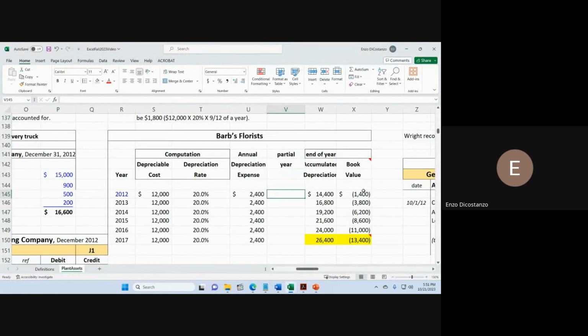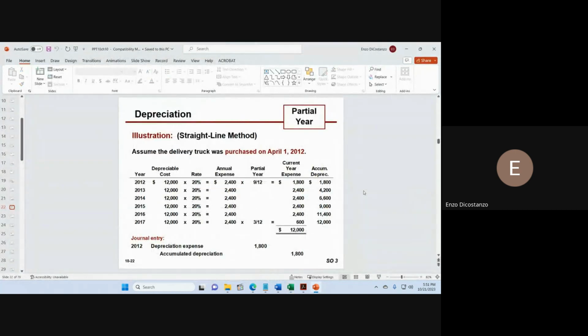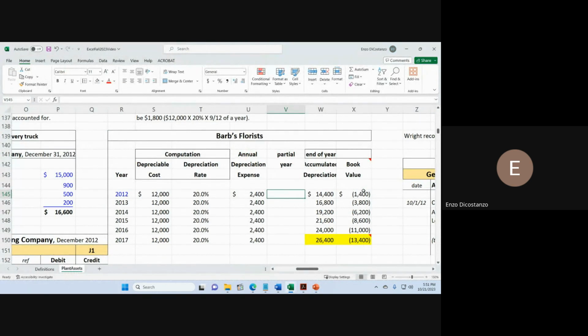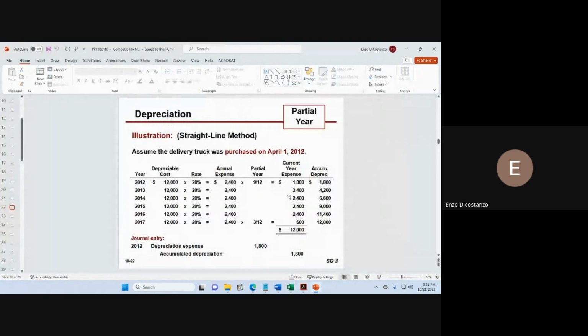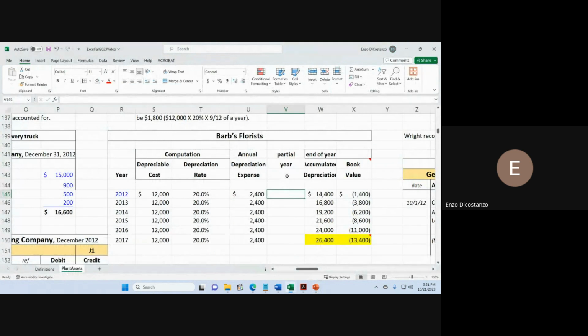So in terms of percentages, yeah, current year expense, we sort of jammed it in there a bit.